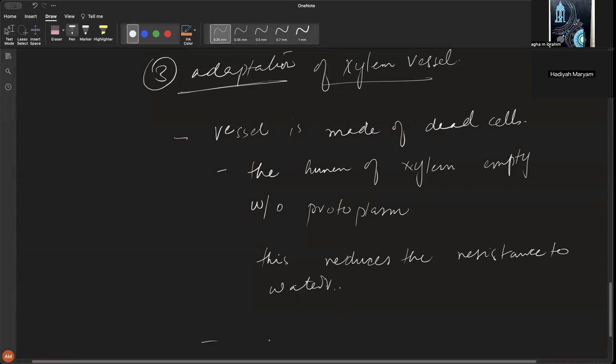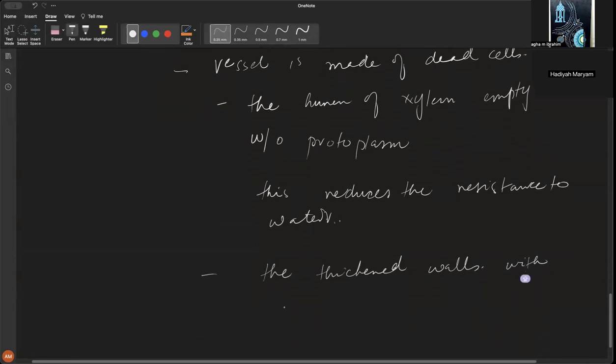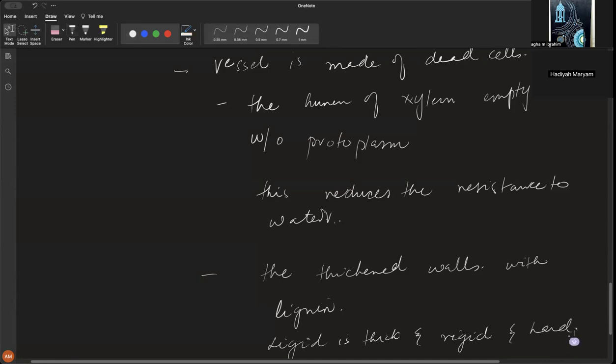The next point is the thickened walls with lignin, or thick lignin walls. Lignin, as we have already discussed, is a thick, rigid, and hard substance.